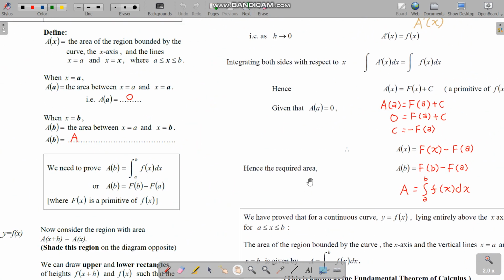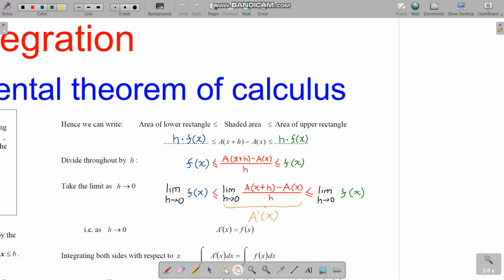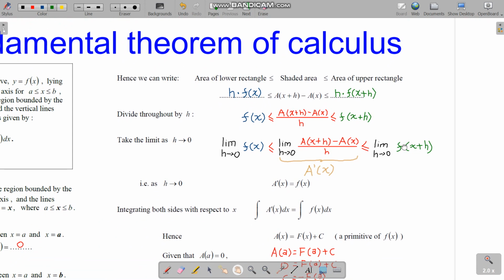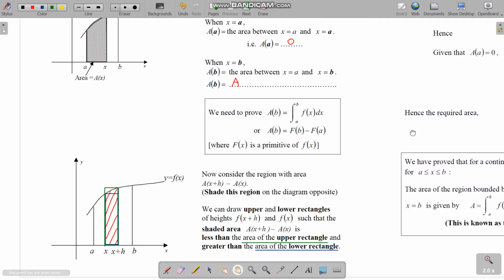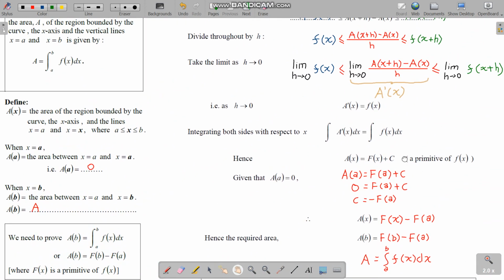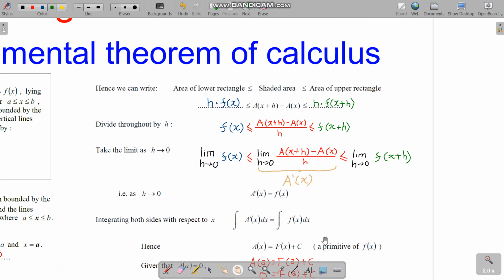Actually this is plus h, so this was wrong. So the red shaded part is between the blue and green rectangles.